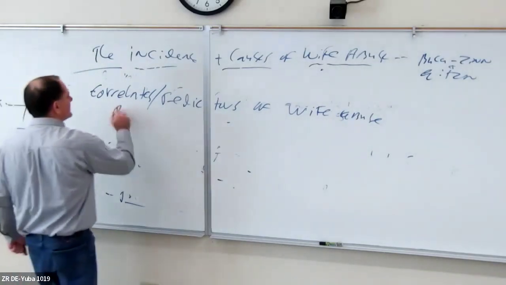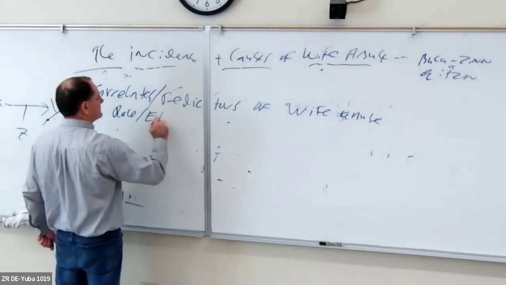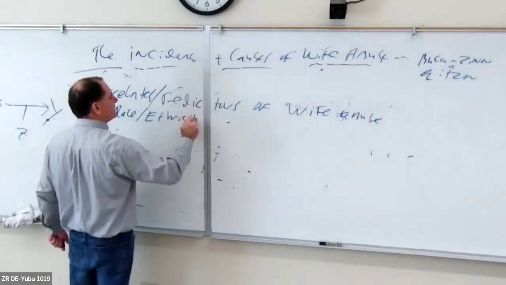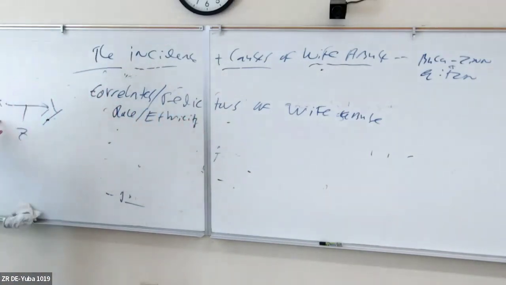Well, race and ethnicity, for example, is correlated. So if you're trying to predict which house has wife abuse, if you know which house has a Latino family in it, you might want to pick that one maybe. Or a black family.